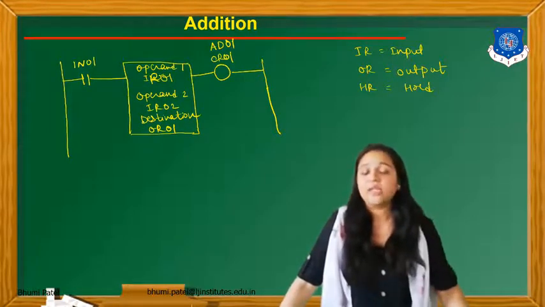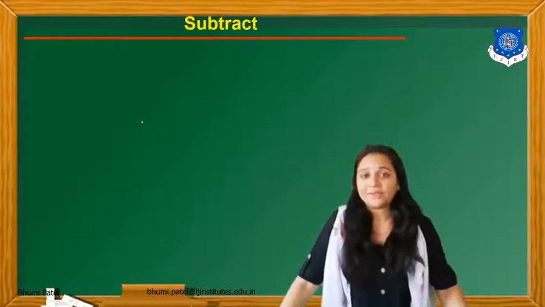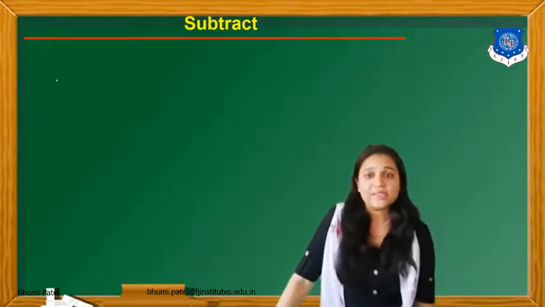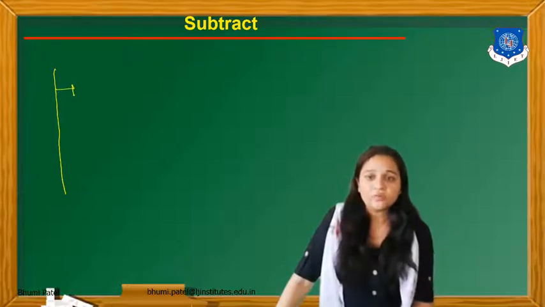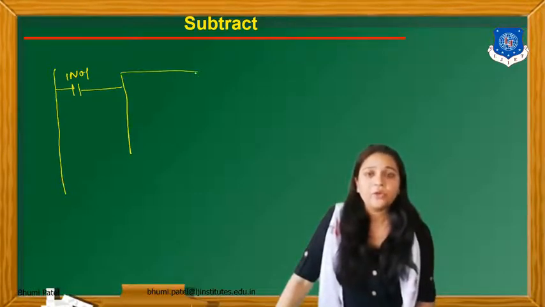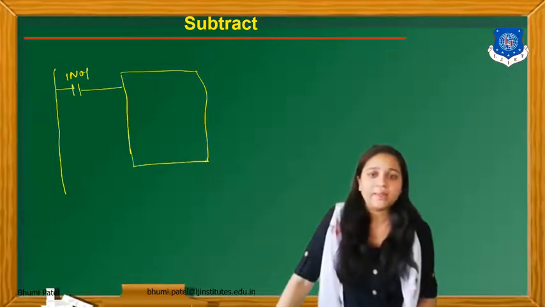The same thing will be applied for the subtraction. For the subtraction, we simply draw one input pin or input switch. Suppose the name of the input switch is IN01. Then we take two operands because we have to subtract two numbers, and then save the data in a particular destination.